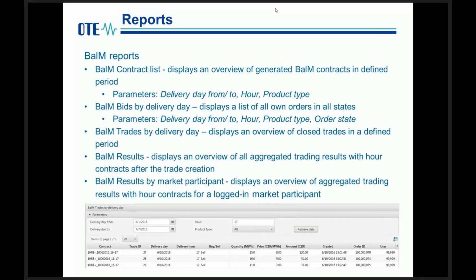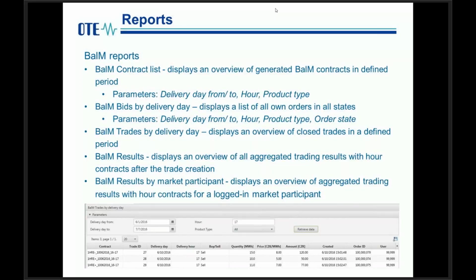You can filter out the orders, transactions, results in function of what kind of product we want to see. So the report which is there is similar to what we've seen.